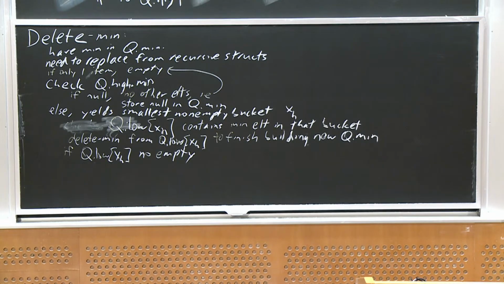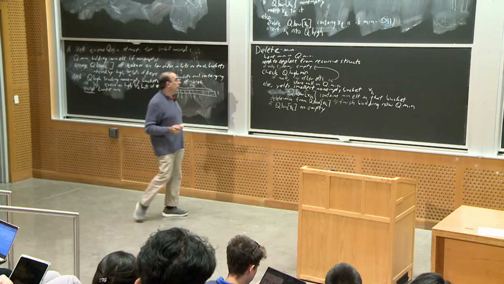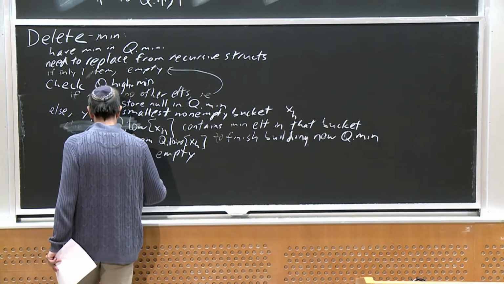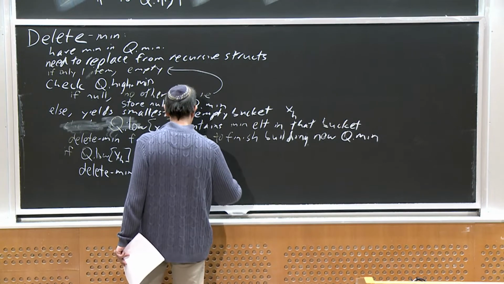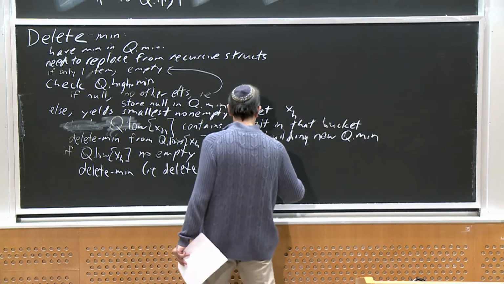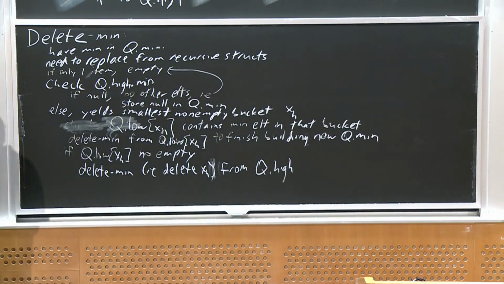Exactly. I need to delete min, i.e. delete xh, because that is the min, from q dot high. Because remember, q dot high is supposed to keep track of the non-empty buckets. And so if I've made an empty bucket, I need to take out that bucket from q dot high. Okay.